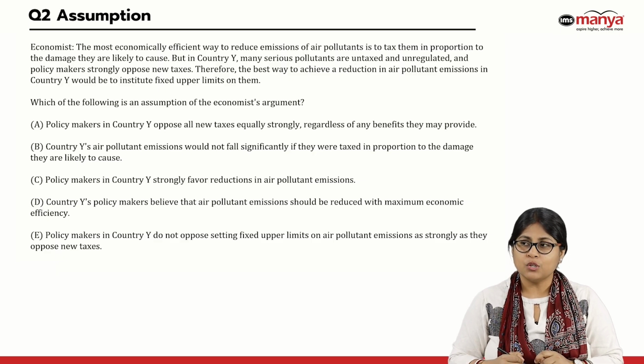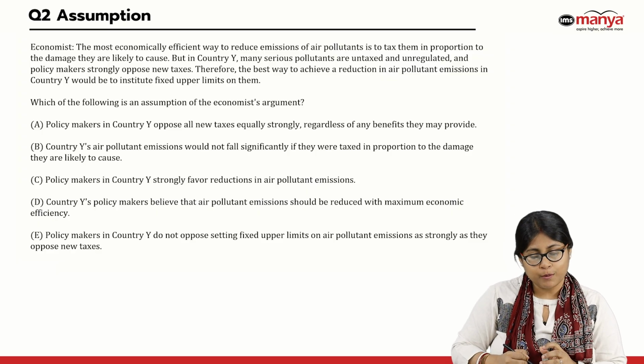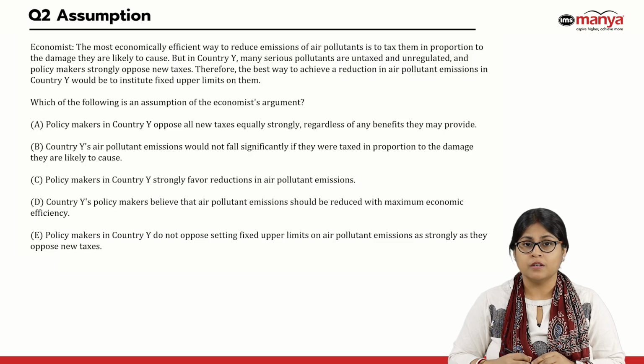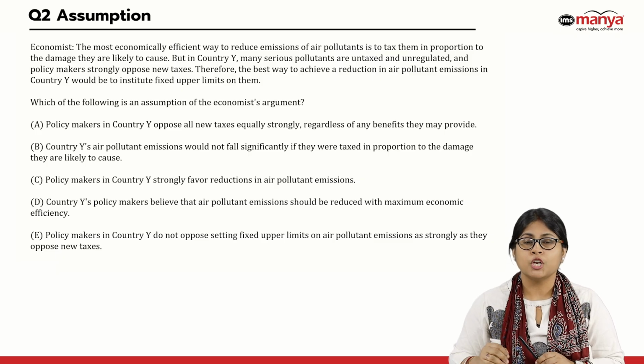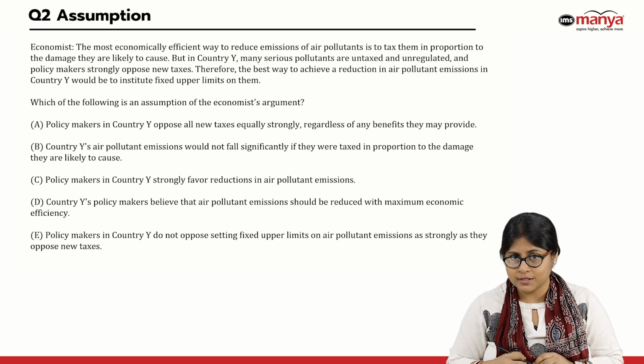So the conclusion says the best way to control this problem would be to set an upper limit. Beyond this, you should not produce any pollutant emissions. That's what the economist is trying to say.